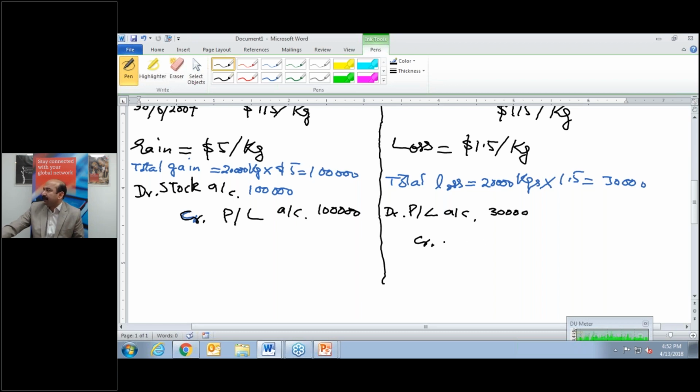Credit your hedging instrument, in this case forward contract. Again, this is an increase in the financial liability. Forward contract 30,000. So in fact your financial liability is further increased.